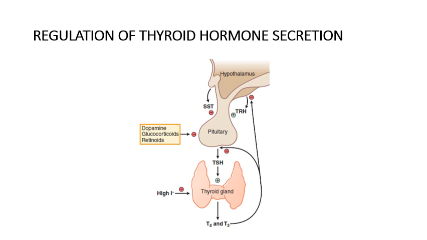Somatostatin from the hypothalamus has an inhibitory control over the anterior pituitary and release of thyroid stimulating hormone, and similarly T4 and T3 also have a negative feedback inhibition over the anterior pituitary and reduce the TSH secretion.